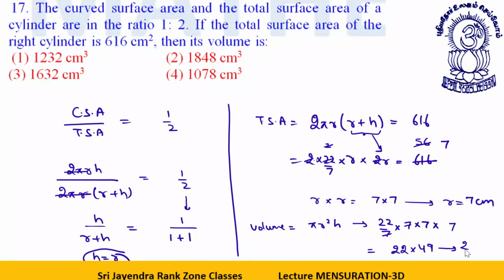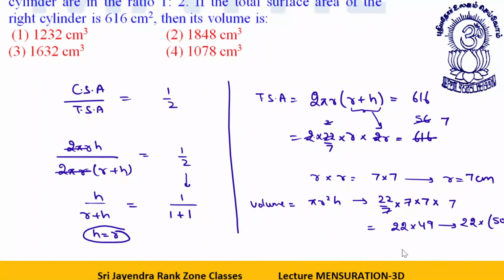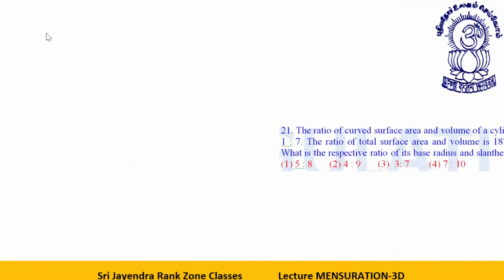I can read this as 22 into 50 minus 1. This will be like 1100 minus 22, or 1078. That is option number 4, your answer. Fine. Clear to all? Let's take the next one.